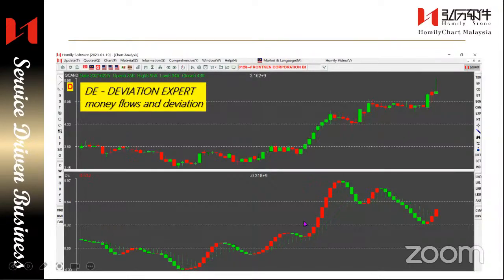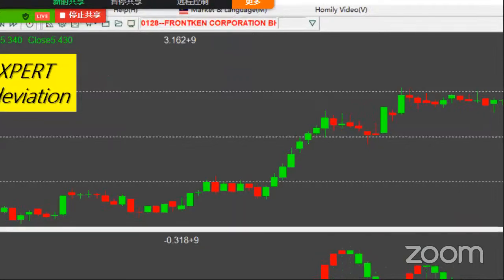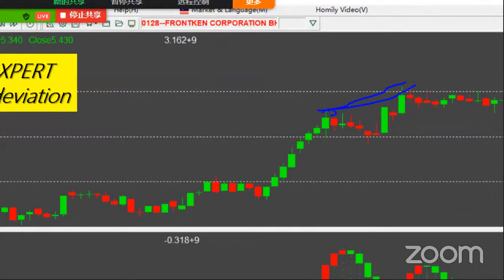Flow in, price up; flow out, price down. You can rely on this indicator a bit when you trade the short term. Another function of this deviation expert is called deviation, the name. Deviation is, for example, in this period the price creates a new high. See, this is high one, high two.